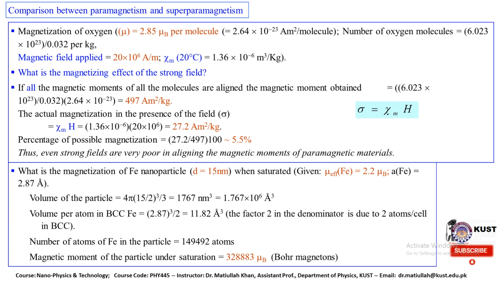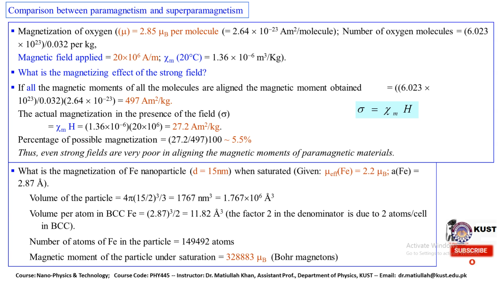So it is concluded that strong fields are very poor in aligning the magnetic moments of paramagnetic materials. If we consider a paramagnetic material and increase the strength of the magnetic field, even strong fields are less effective in aligning the magnetic moments.